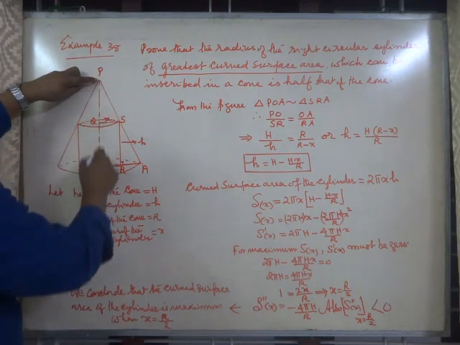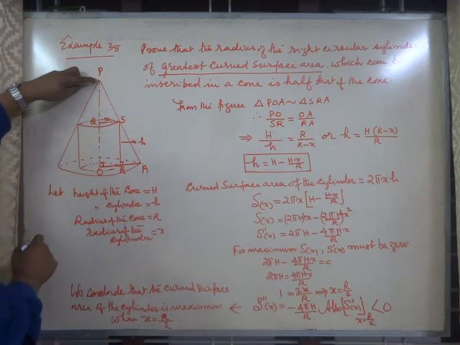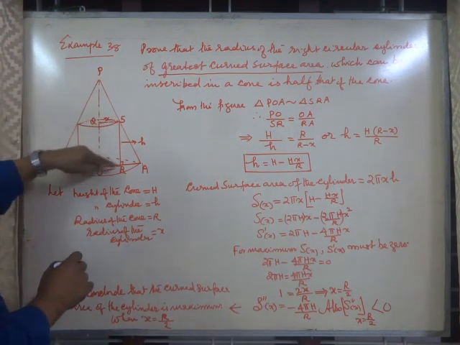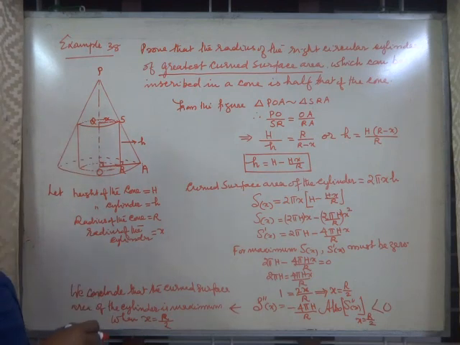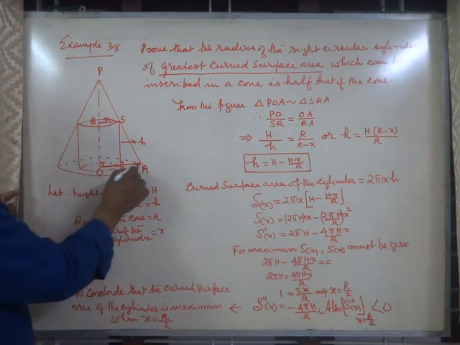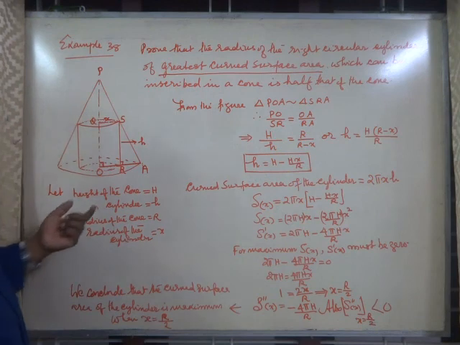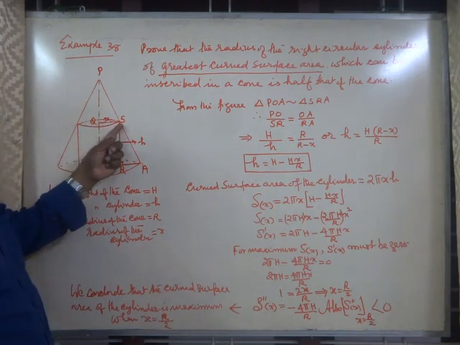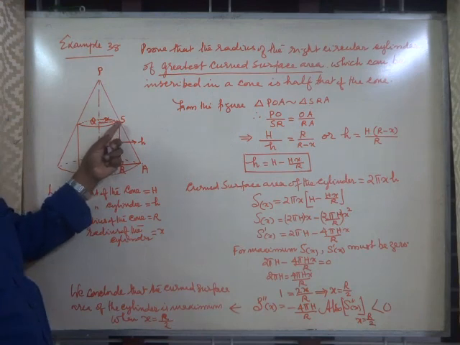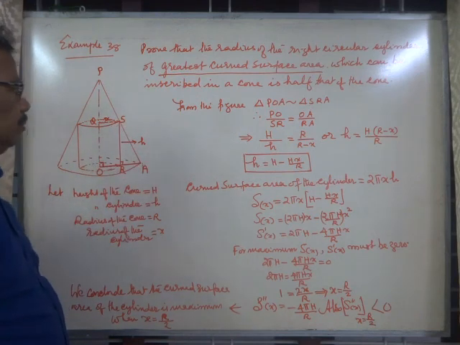PO will be the height of the cone and SR will be the height of the cylinder. OA will be the radius of the cone and QS will be the radius of the cylinder.